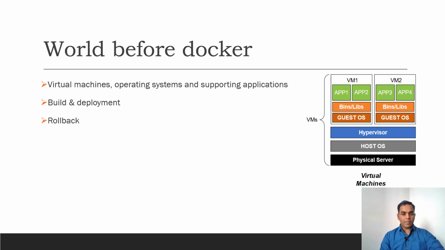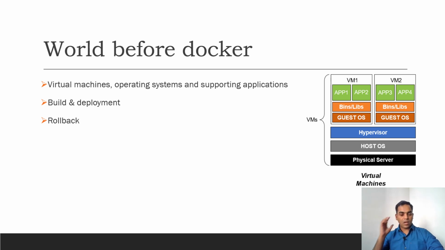One, the supporting applications have to be the same in all virtual machines. The operating system configuration should be the same in all virtual machines, and your application configuration should also be the same in all of them. So the virtual machine, its operating system, its supporting applications, and your application configuration had to be the same in all systems.